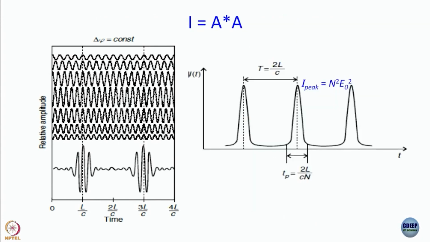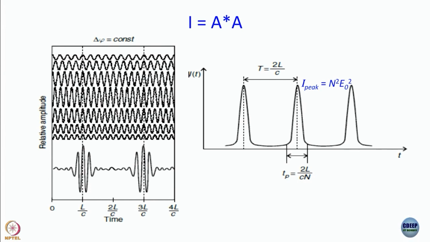And while talking about pulses, we also said that you get the intensity by taking the square of the field. So, when you combine N number of modes, this is something I do not think I said earlier, essentially the intensity at the peak turns out to be N square multiplied by E0 square, where E0 square is the maximum amplitude of field associated with the normal modes.